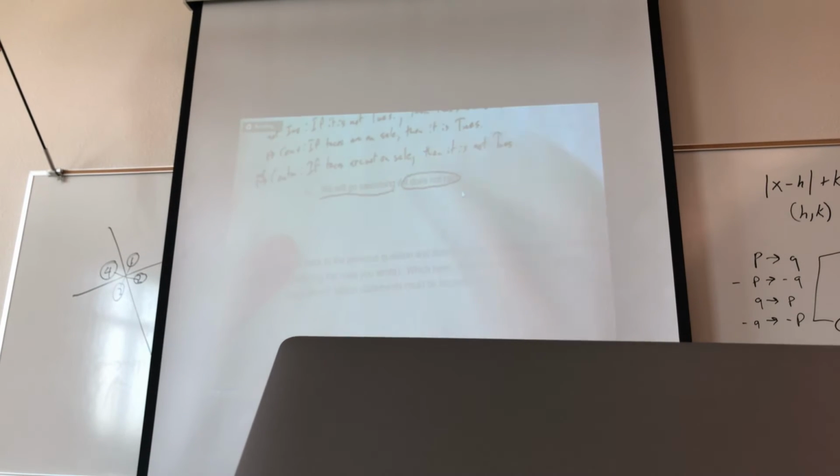We will go swimming is going to be my conclusion. So my inverse on this one, if it rains, I can't add two nots. If it does not rain, that's silly. If it rains, we will not go swimming.